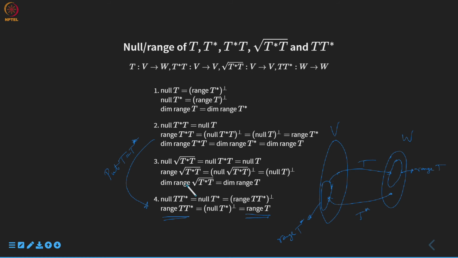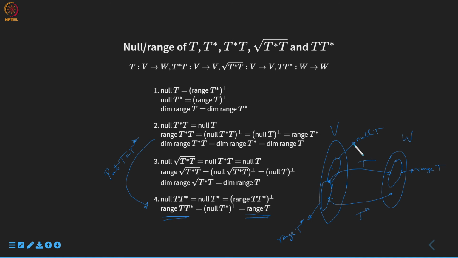And then look at square root of t star t. If you look at range of square root of t star t, you have null t. Null t and range t star are orthogonal complements, so they allow only a trivial intersection.